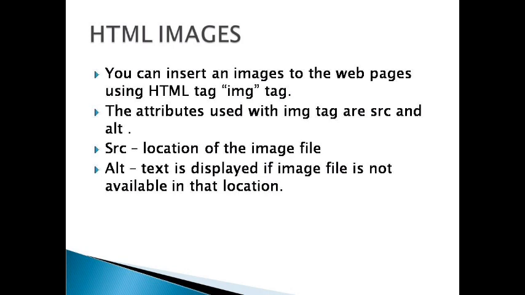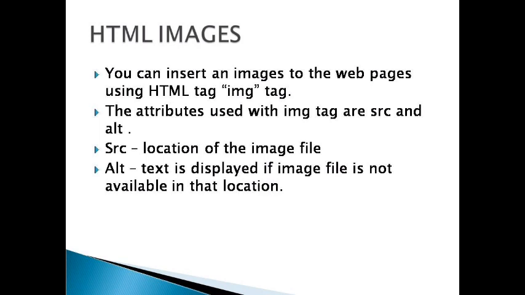Source is the location of the image file. Image src is equal to some location, and in that location the file will be present. Next is the alt. If the image is not found in that source location, then some alternative text will be displayed, such as image not found or file not found, an error message, so that you can understand whether the image is there in that location or not.